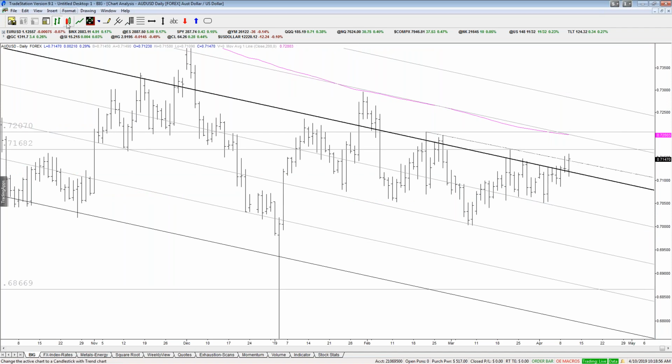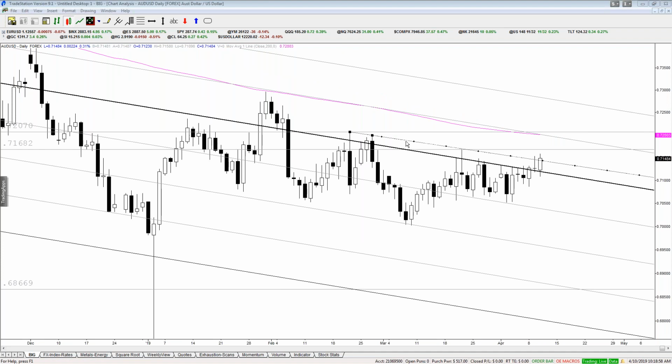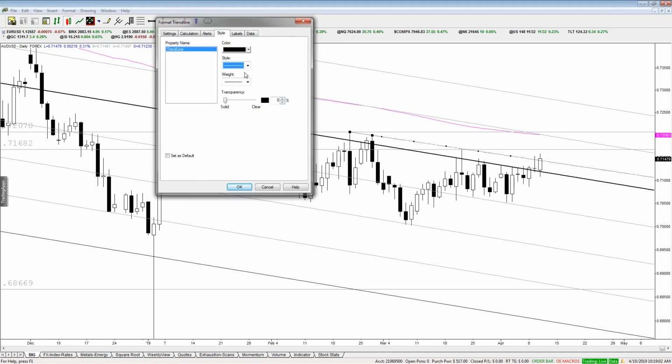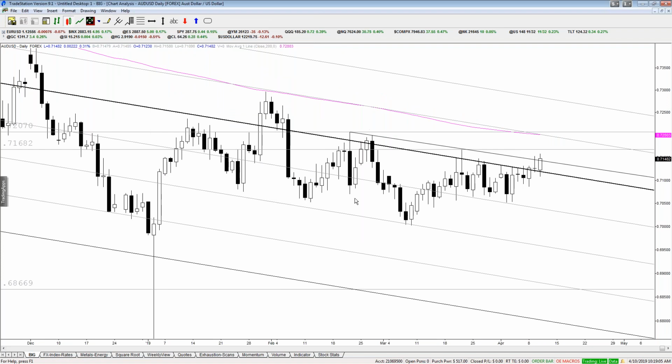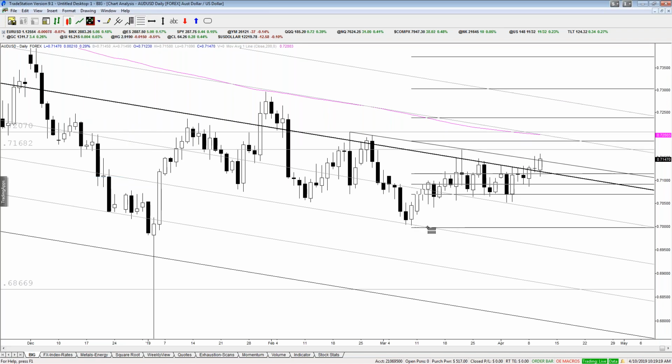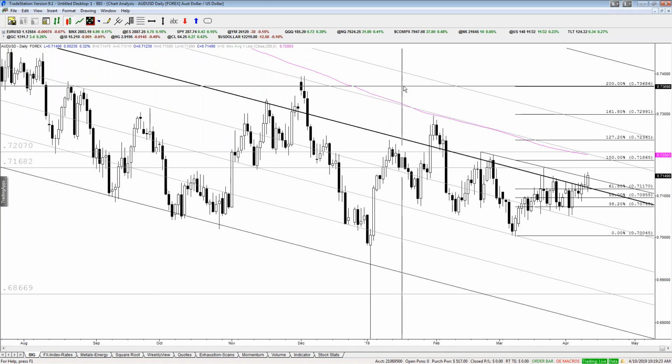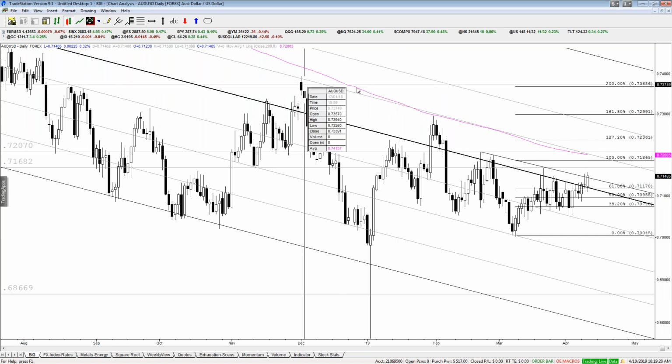Okay, and this is your neckline right here. So inverse head and shoulders potential, kind of a shoulder, head, shoulder, working higher. If indeed that is the case, then you're looking at essentially a target up near 73.69, which happens to be pretty much where the December high is.